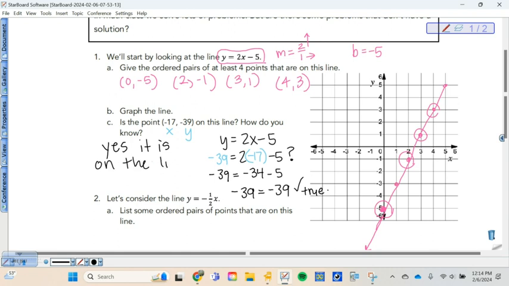Even though I don't see it on my graph, I know that because that point works in the equation. We say it satisfies the equation. So every point on the line is a solution to the equation.